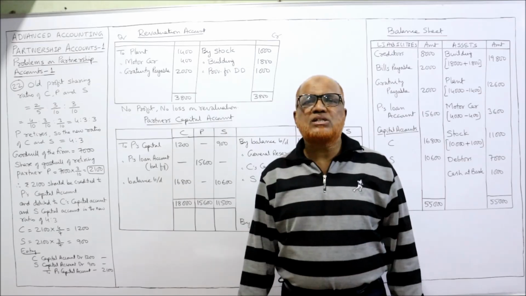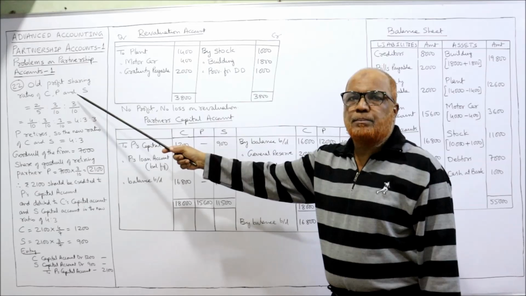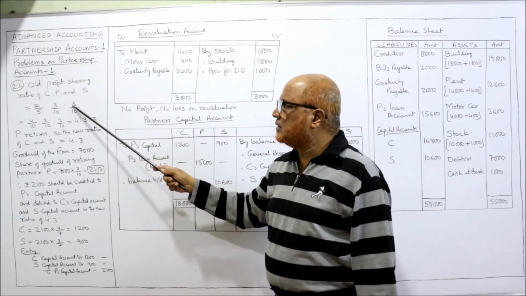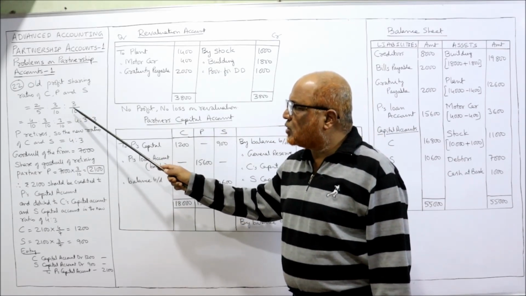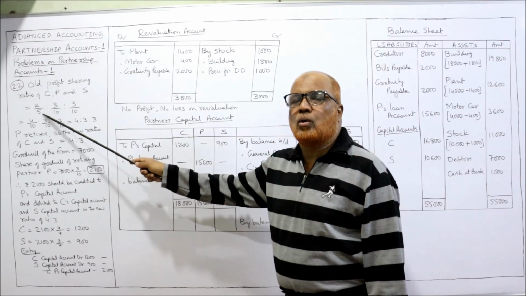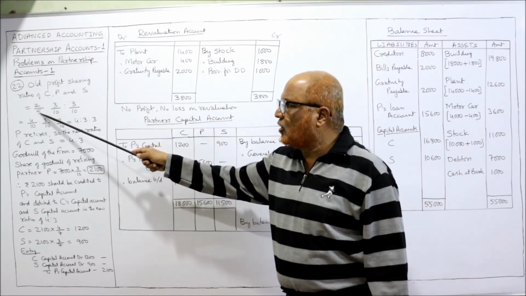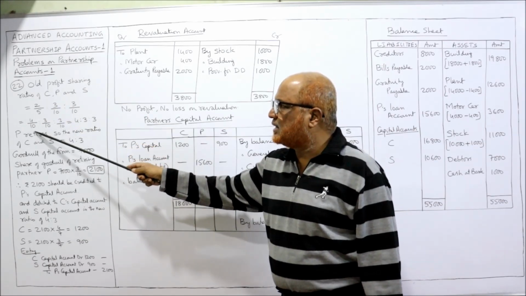First we calculate what is the share of goodwill. The old profit sharing ratio of C, P, S is given in the problem as 2 by 5, 3 by 10, 3 by 10. Because the denominator here is 10, make this 5 also equal to 10. If you multiply 2, numerator and denominator by 2, 2 2s are 4, 2 5s are 10.